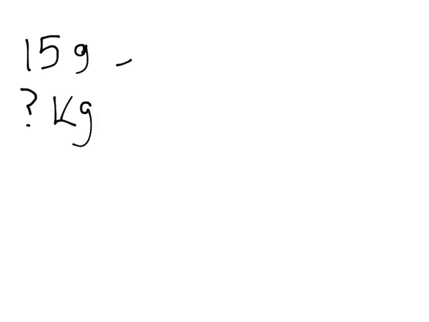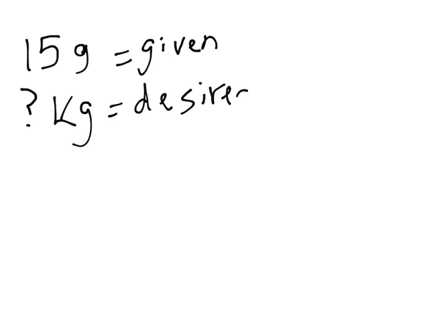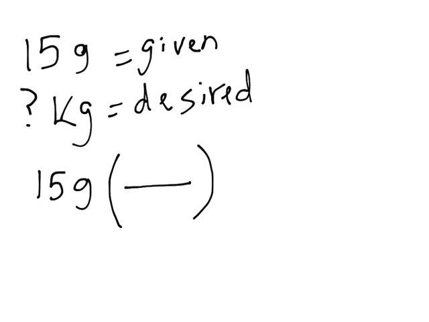Again, this will be your given unit, and this will be your desired unit. Same process. You're going to write your 15 grams here as your given unit. You're going to write the parentheses with the line. Again, the given unit goes down, so you write first just the grams. And the desired unit will be here, kilograms.